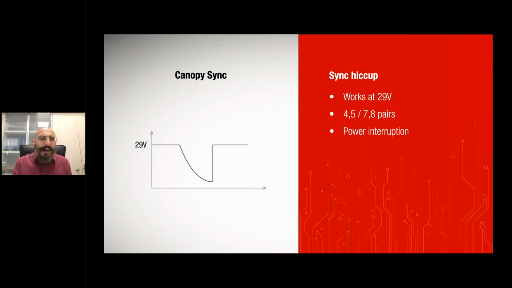In a way, it takes the power out from your device and then powers it again. There is a lot of hiccup during powering these devices. The device will trigger on these edges, power again the unit and synchronize with this hiccup.